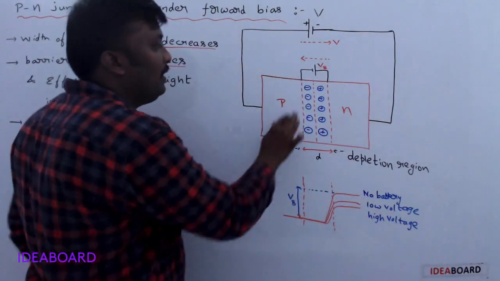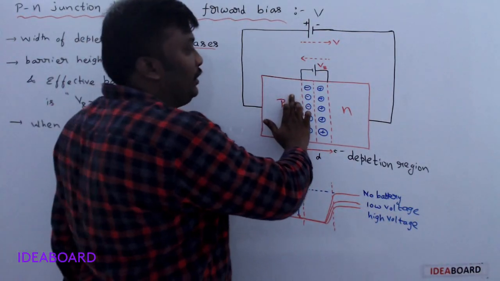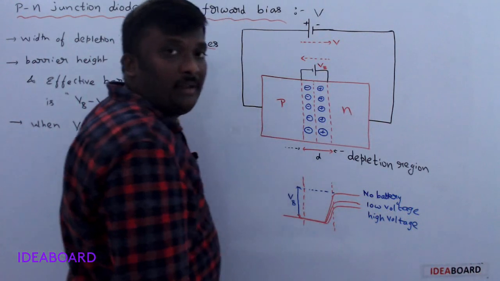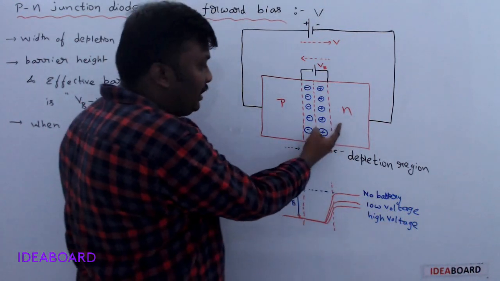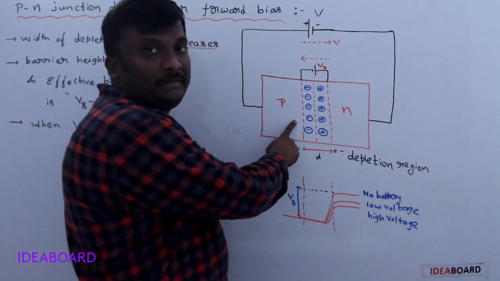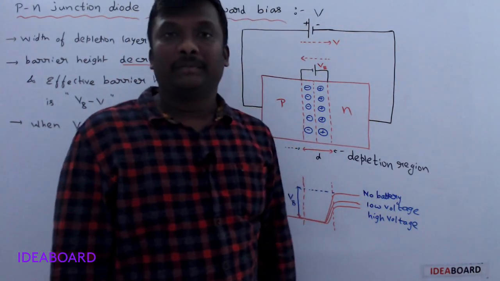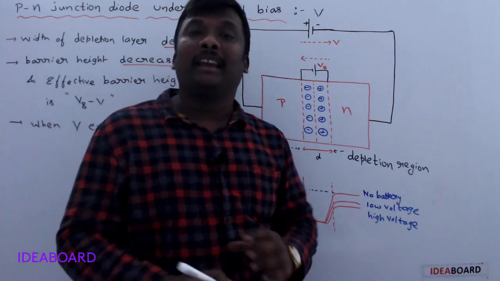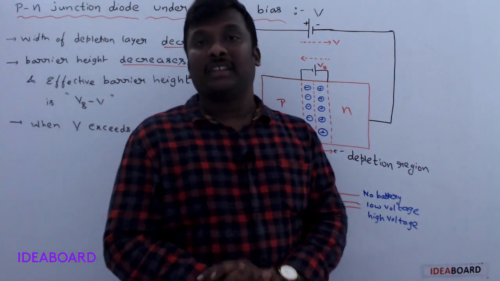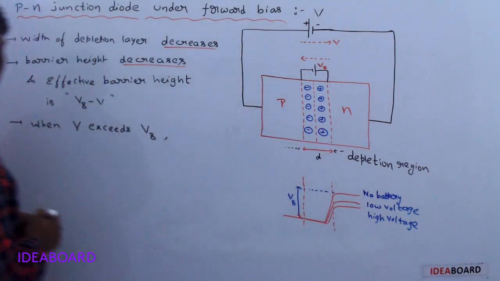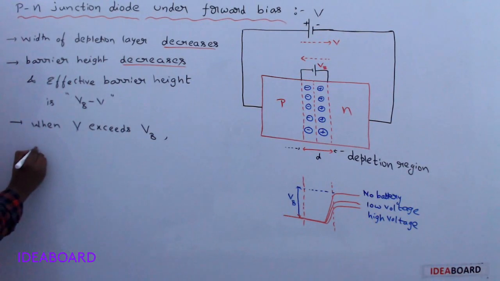Holes diffuse into the N side and electrons diffuse into the P side, so a current is developed. That current is mainly due to the majority charge carriers. So what happens here?